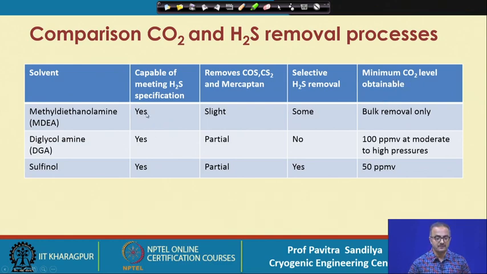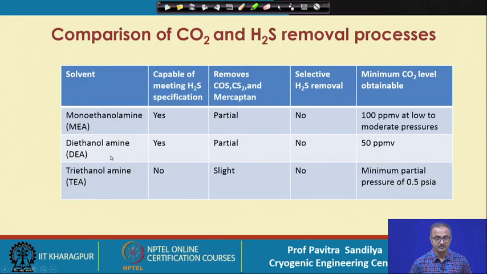In this way we find that the various kinds of solvents are capable of removing sulfur compounds to different extents, and the minimum carbon dioxide level reached by each solvent also differs. And it continues with the other solvents here.